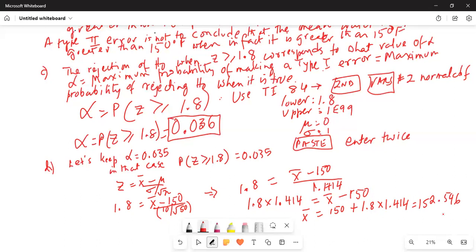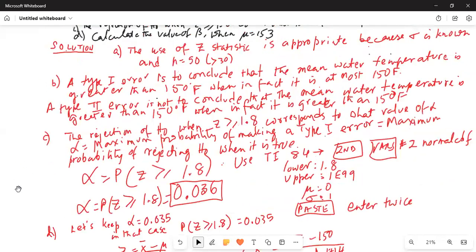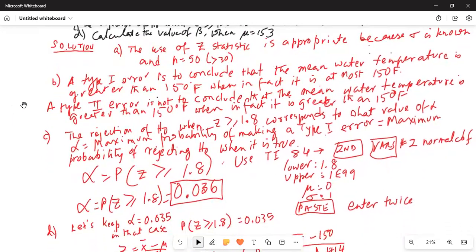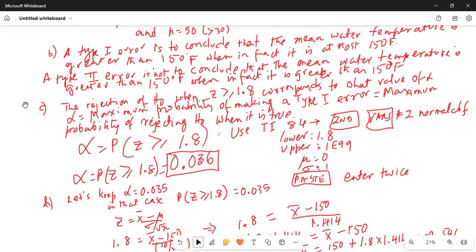So part D asked us to calculate the value of beta when mu is equal to 153.